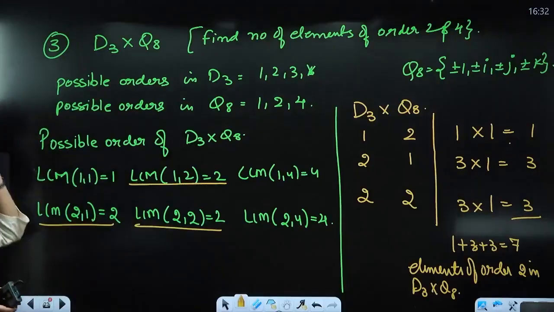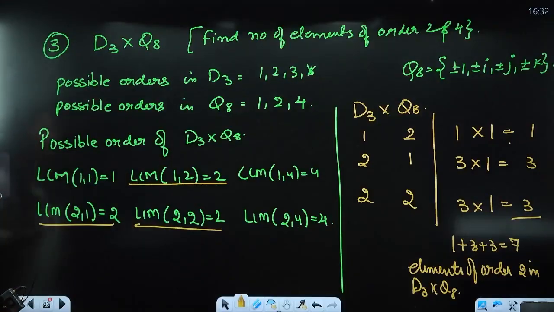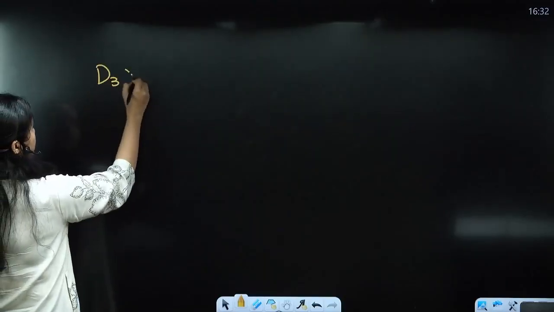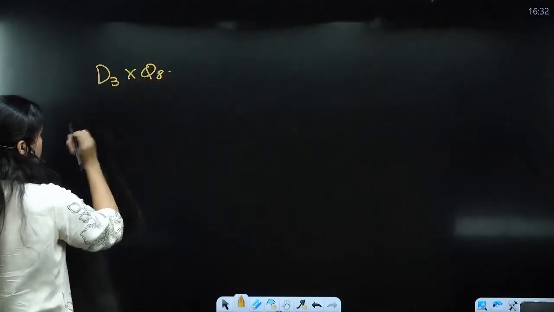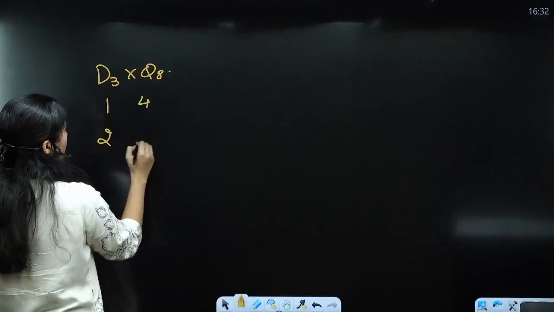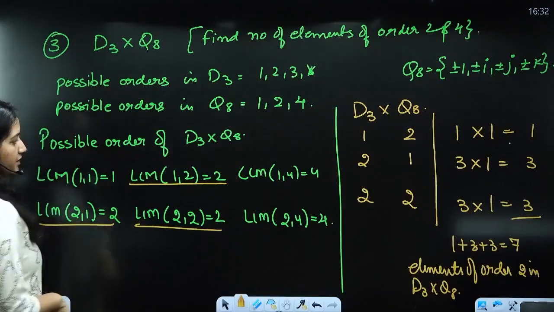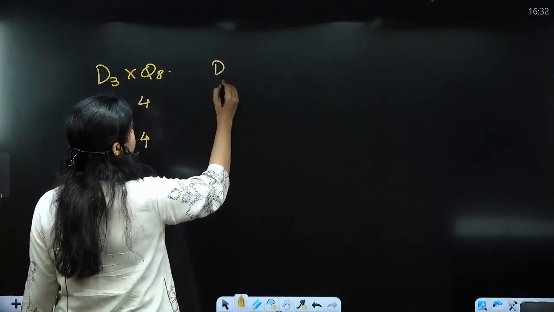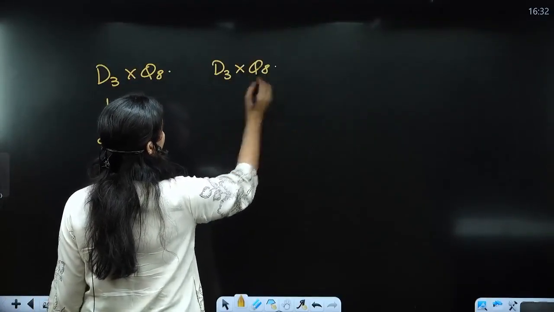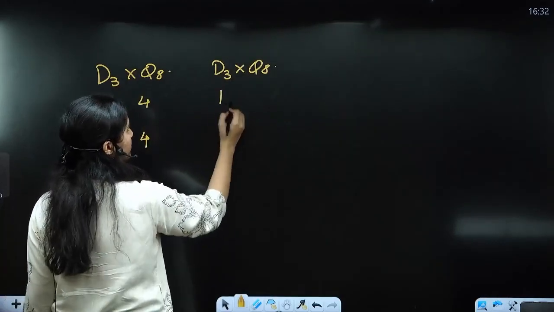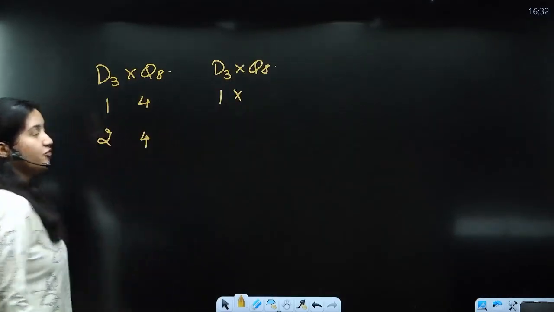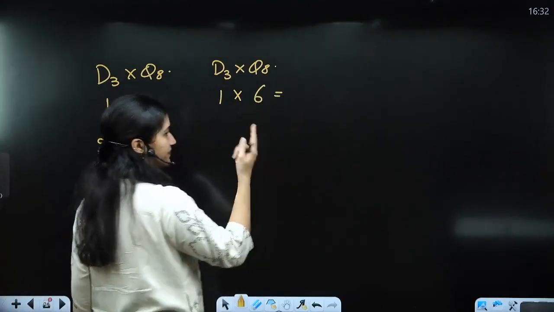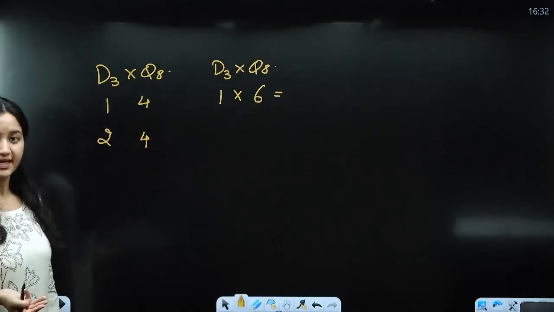Now for order 4, the possibilities are (1, 4) and (2, 4). So D3 cross Q8, (1, 4) and (2, 4), right? The number of elements of order 1 in D3 is going to be 1, and the number of elements of order 4 in Q8, how many are there? 6 elements are there: plus minus i, plus minus j, plus minus k, right?